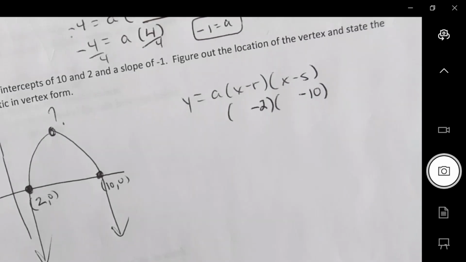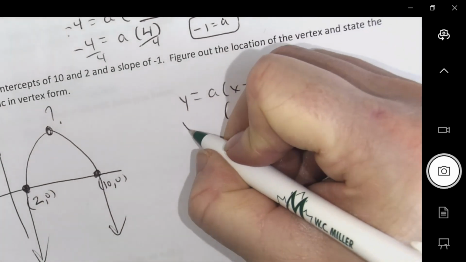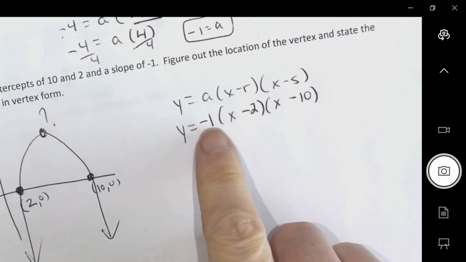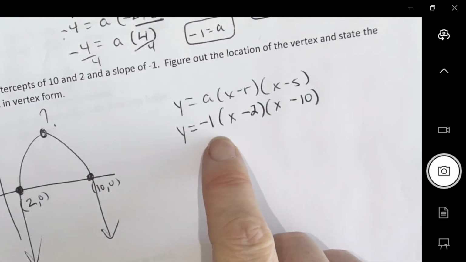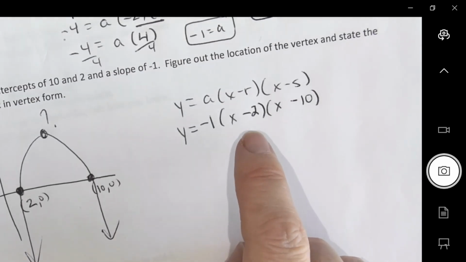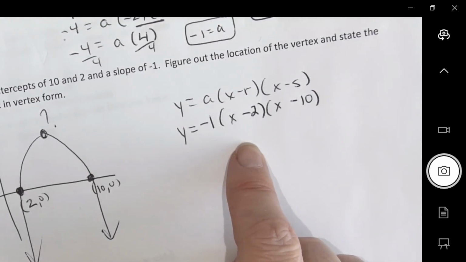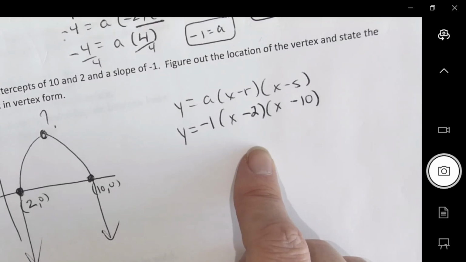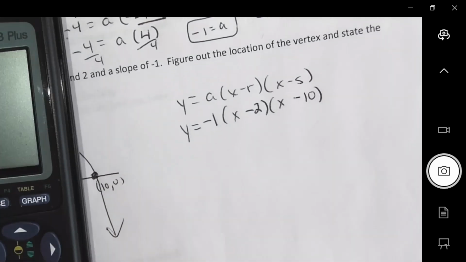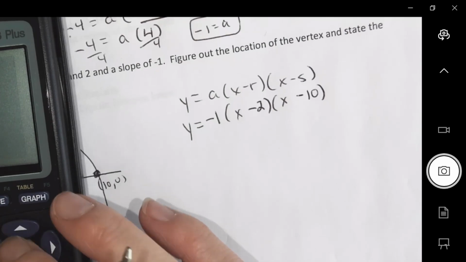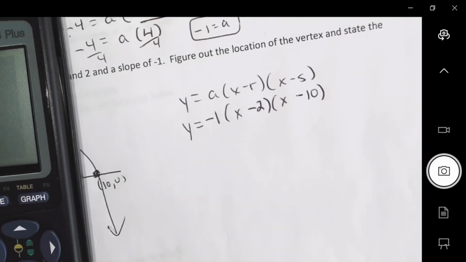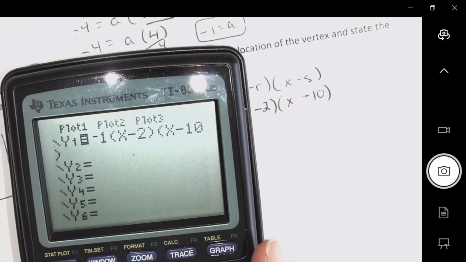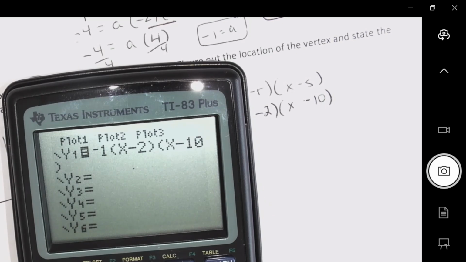Okay? And I can also replace the slope with a negative 1. This could be put into my calculator because I have all the info with the x and y left open. Exactly how you see it written on my page, you're going to have to put brackets on those. Please make sure it's a baby negative 1.